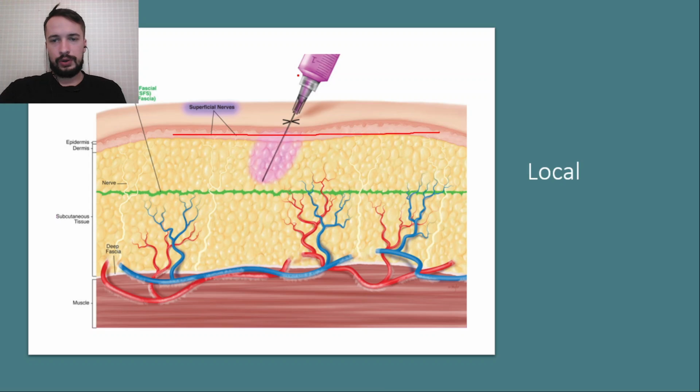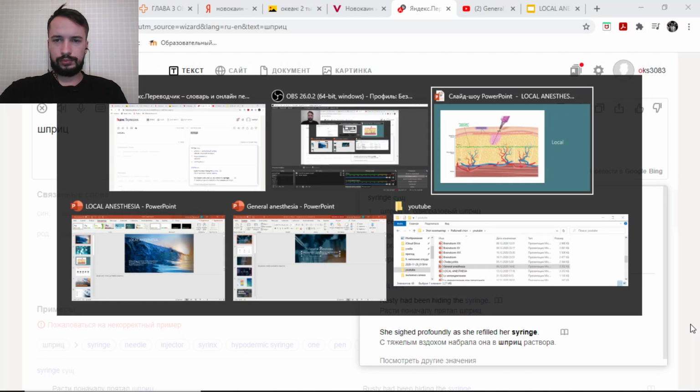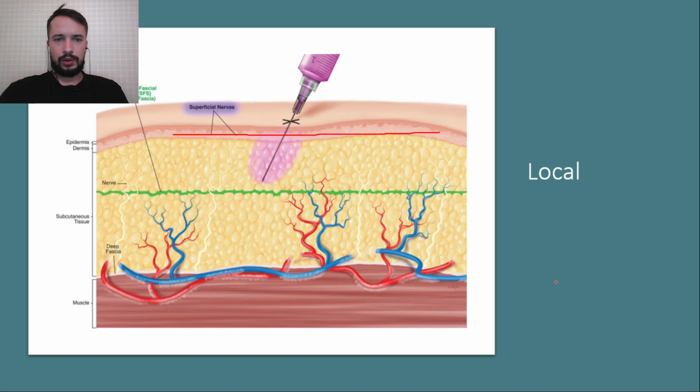When we talk about local anesthesia, we always talk about skin, and when I think about local anesthesia, I think about a syringe and some kind of drugs which we will inject under the skin.